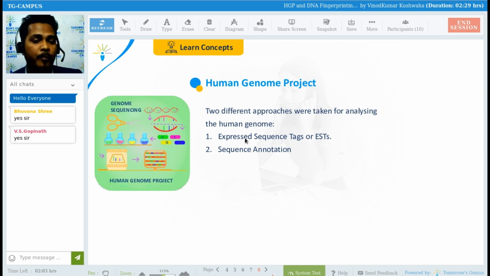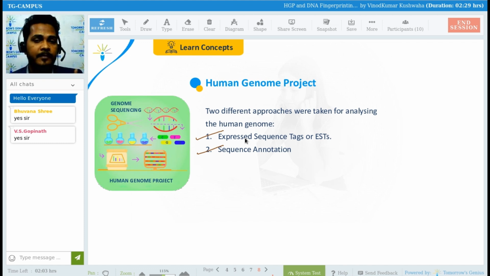Basically, there are two important approaches of the Human Genome Project. There are two approaches for sequencing the human genome.